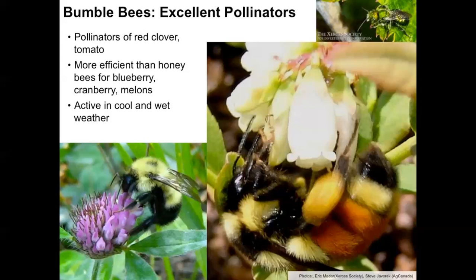And some plants, peppers, and some of the things I just mentioned, and tomatoes, require buzz pollination for the plant to actually release its pollen. So the American and the common eastern bumblebee, they're both reared commercially, and they're important pollinators of tomatoes in greenhouses and blueberries. And research has shown a positive correlation between the density of these bumblebees and how much blueberry fruit set there is. So they're extremely important for our commercial producers.